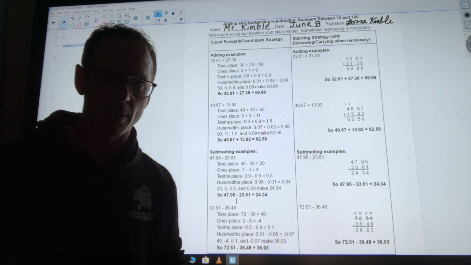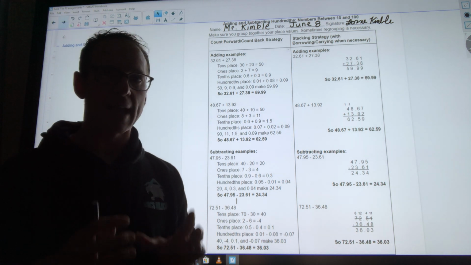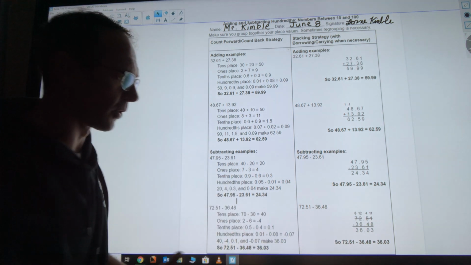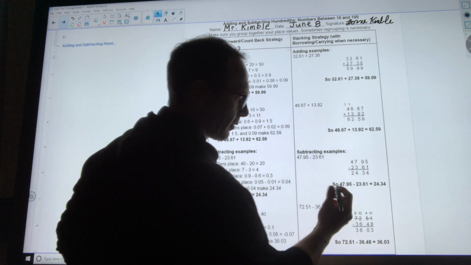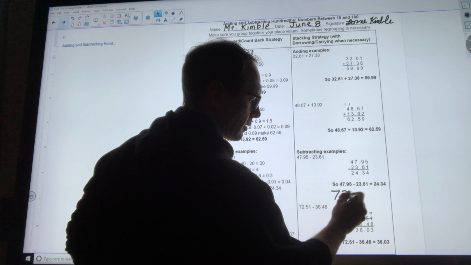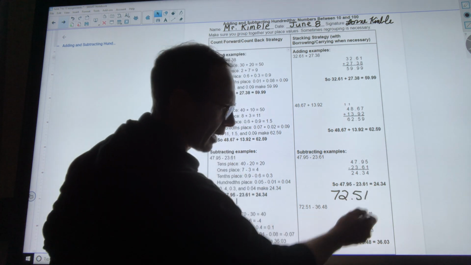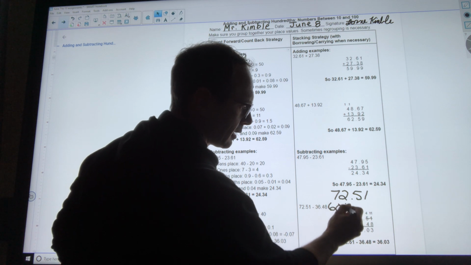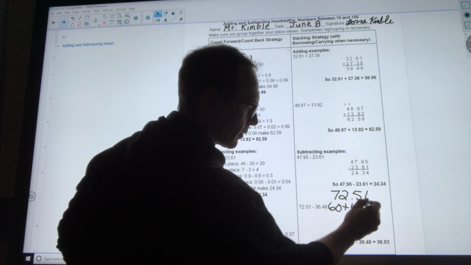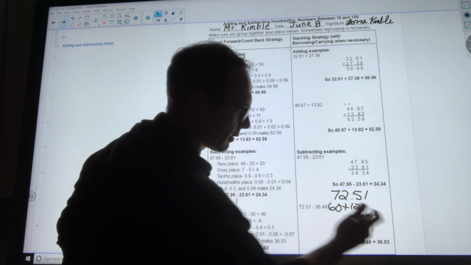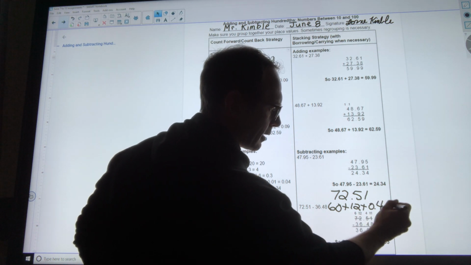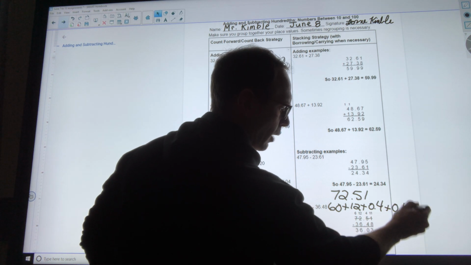The thing to remember about the borrowing strategy is that the numbers have to make sense on top here. So for example, I have 72.51 here, and when I regroup the numbers, I had 60, 12, 0.4, and 0.11.